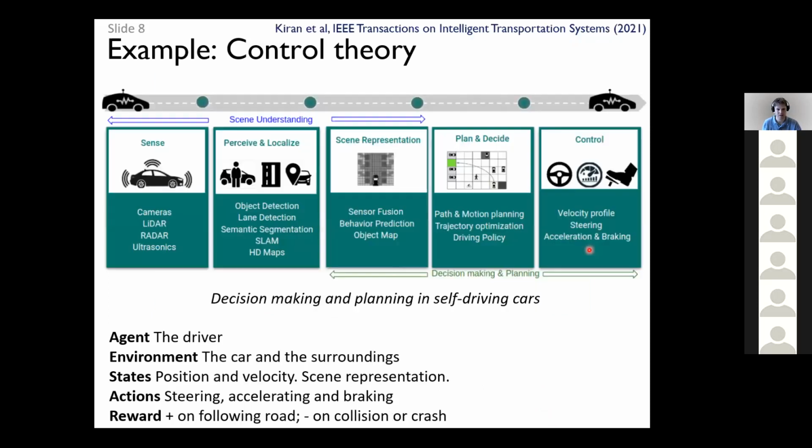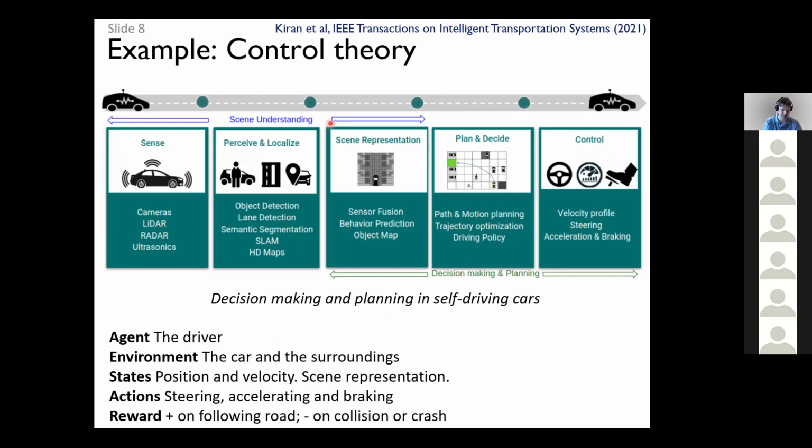Okay. Another example, also in control theory, is self-driving cars. It has been a big hype, but still we don't have them, or well, not completely autonomous cars at least. And in this case, the agent would be the driver. The environment is the car and the surroundings. And the states are the physical state of the car, but also a scene representation.